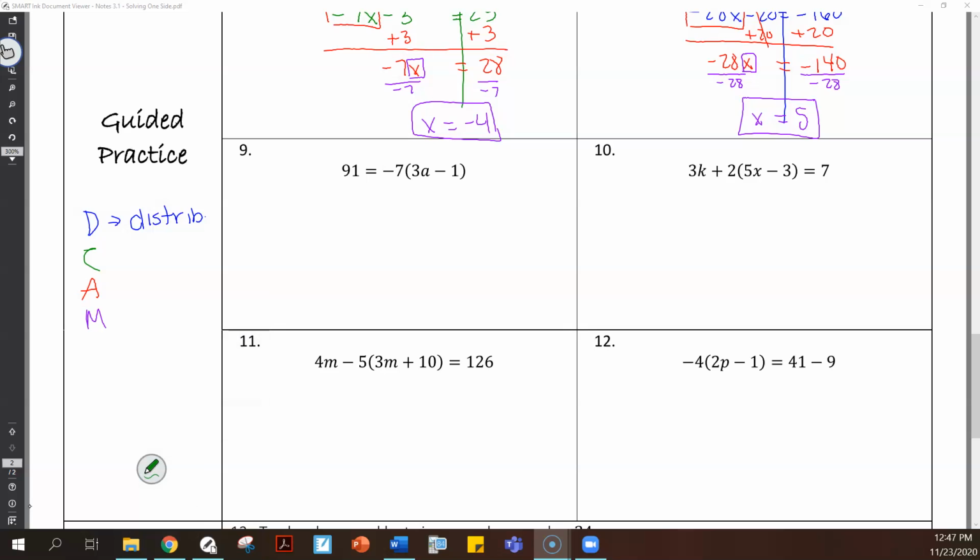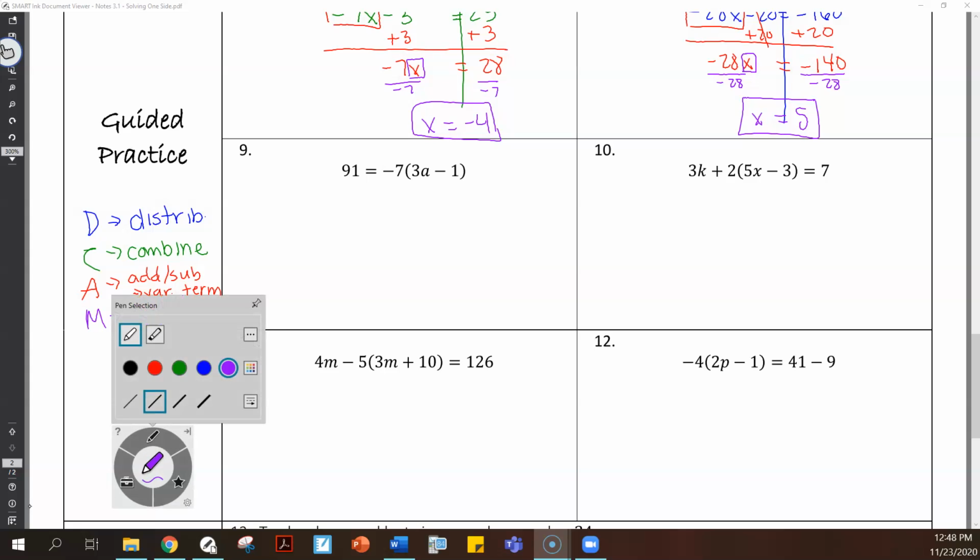C reminds us to combine like terms on the same side. With A, we want to add or subtract to isolate your variable term. And M, we want to multiply or divide to isolate the variable.